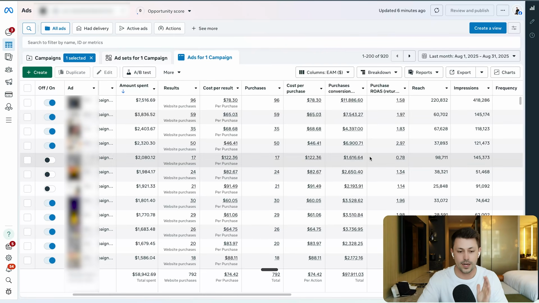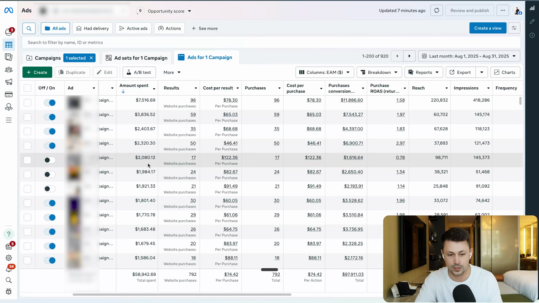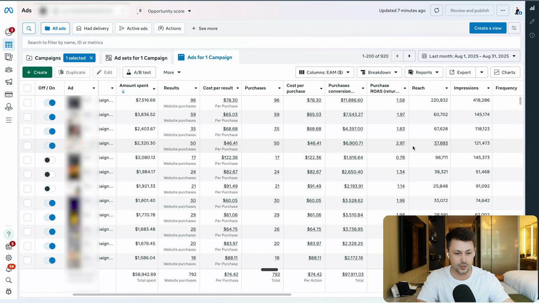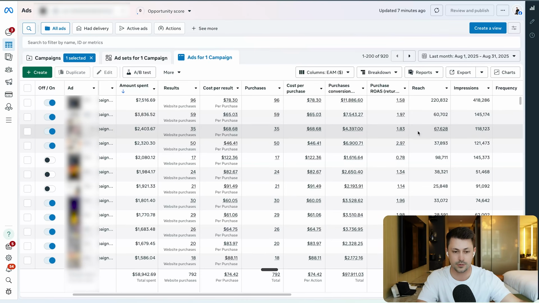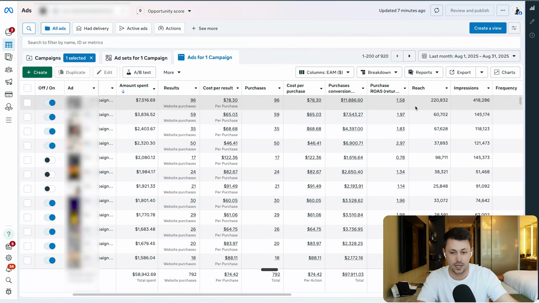So that is one of the easiest ways just to figure out whether or not you should turn off a high spending ad. Whereas let's take a look at this ad, for instance, which is an ad that we did actually turn off, where you can see it was spending $2,000 and it had a 0.78x return on ad spend. Now, we turned this ad off because we were like, okay, well, this is getting a 0.78 and this $2,000 budget can filter into, let's say, this ad right here that's getting a 2.97, this ad that's getting a 1.83, and this ad that's getting a 1.97, and it's probably going to push the majority of the budget up into the top spending ad.